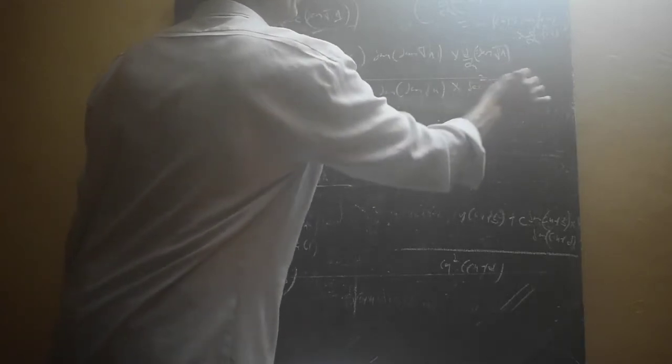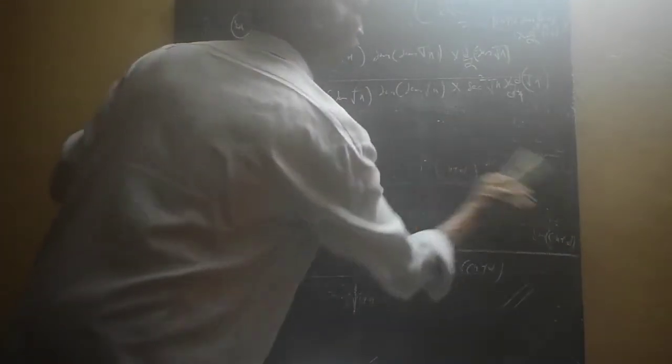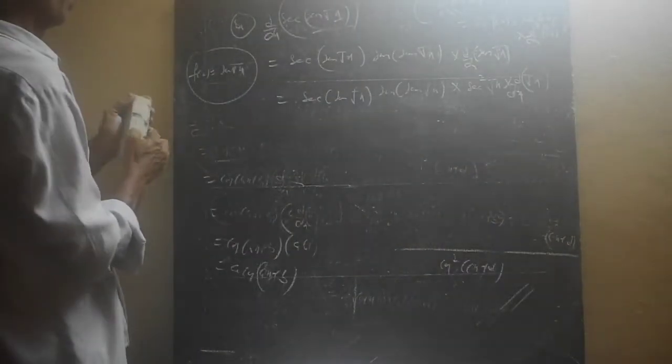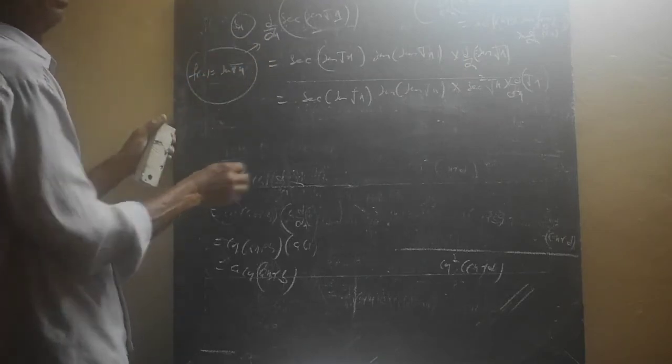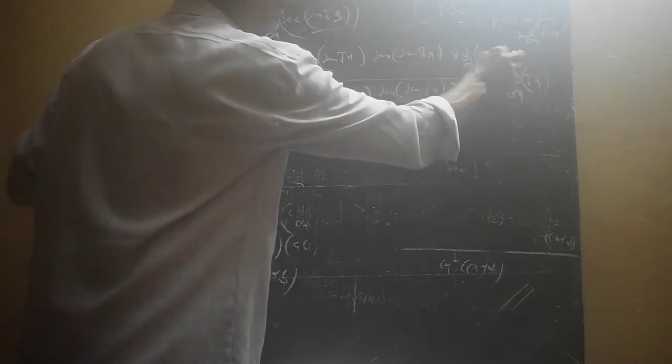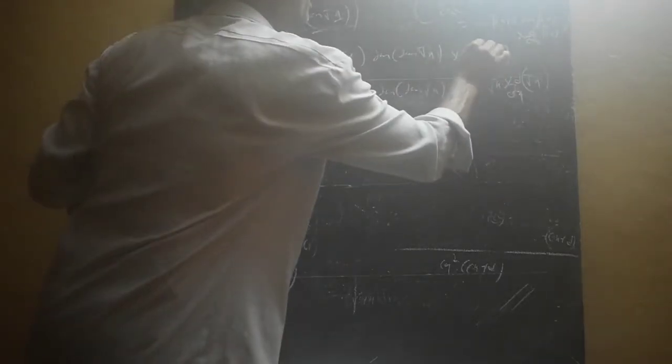Okay, why d by dx of root x? Are you getting it? Because here I am writing the formula d by dx of tan f of x. For this one, f of x is tan root x. For this one, f of x is root x. It is in the tan f of x form.